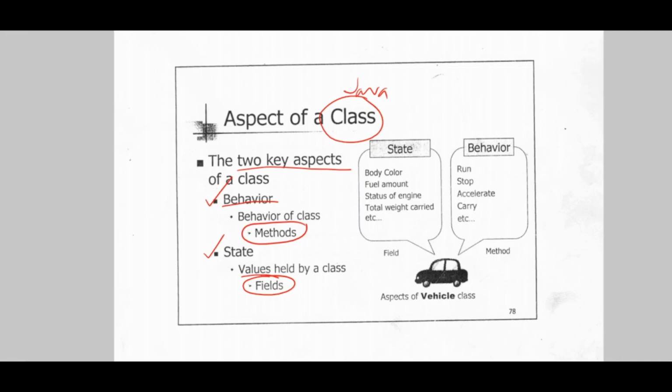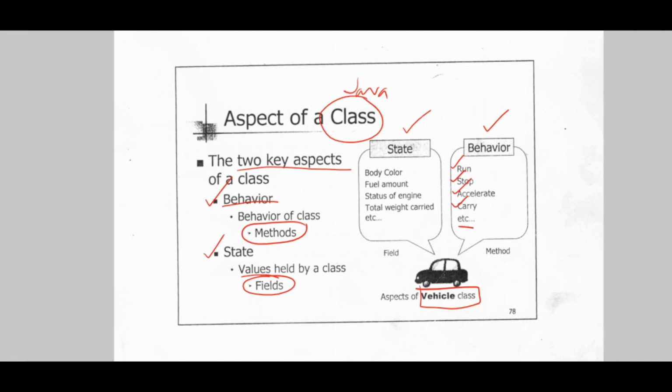So say for example, if we define a vehicle class, the two key aspects of this vehicle class are its behavior and state. The behaviors of the vehicle class are the following. It can run, it can stop, it can accelerate, it can carry, and many other things.